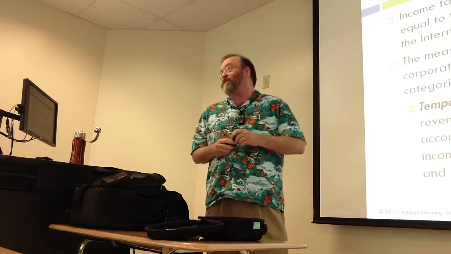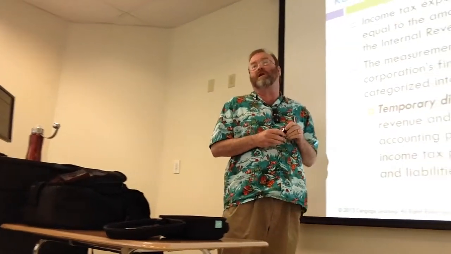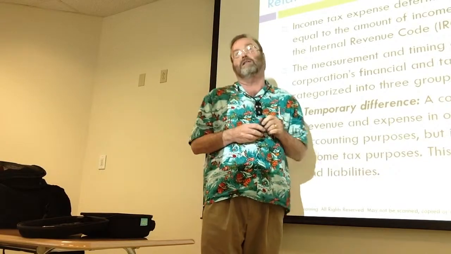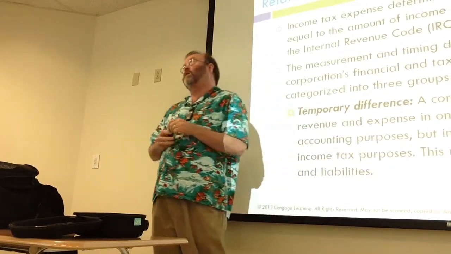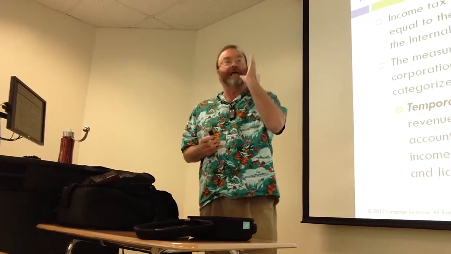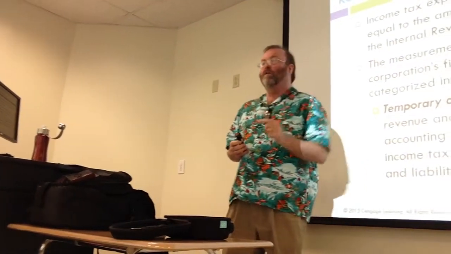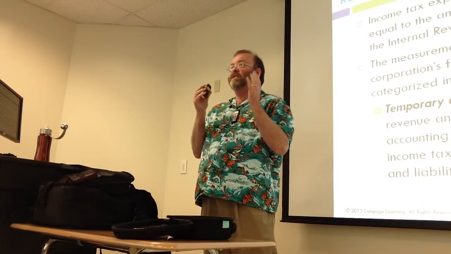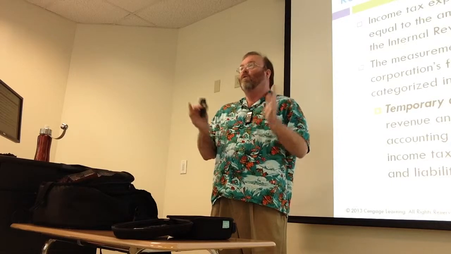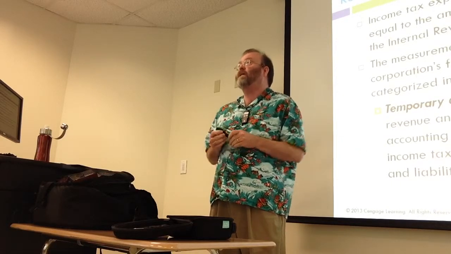For tax purposes, you must use what is known as MACRS, which is Modified Accelerated Cost Recovery System, something like that. It's a prescribed table of percentages that you get to deduct for tax purposes depending upon what the fixed asset is.